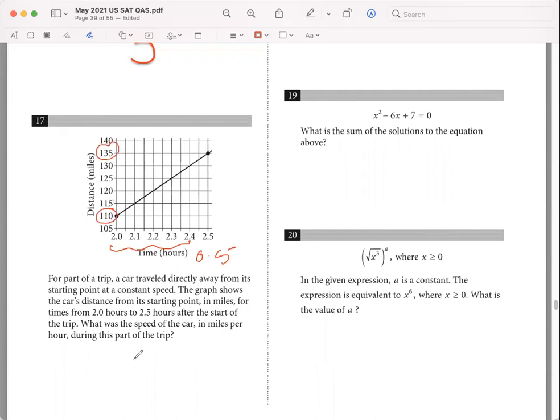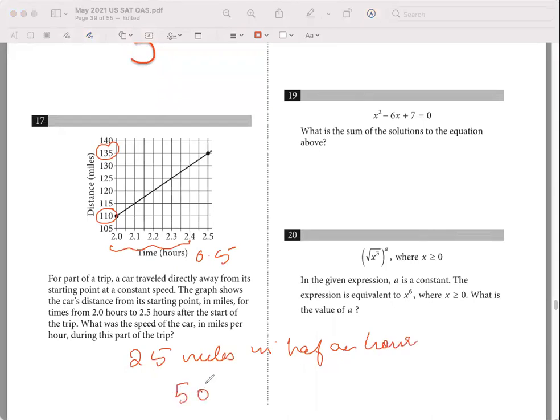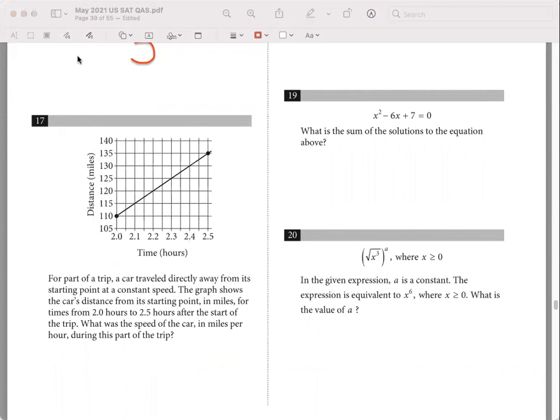So that's 25 miles in half an hour. So the speed would be 50 miles per hour. It can go 50 miles per hour. Okay, so let's write that. 50.